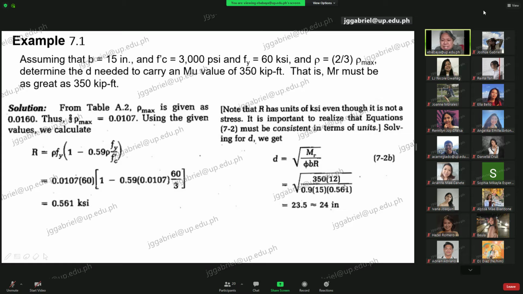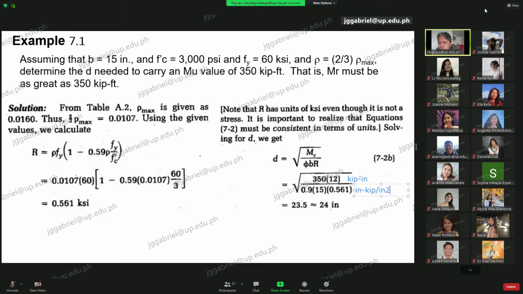Let me show that so that you will appreciate better. So I said that this will be kip inch. Now below, that will be inch times kip per inches squared.